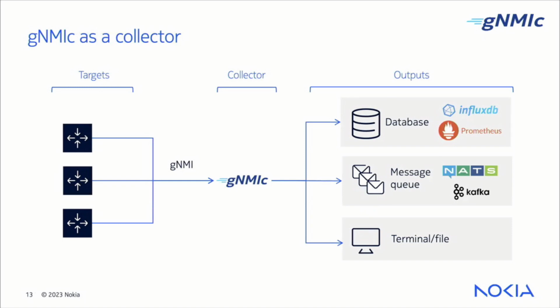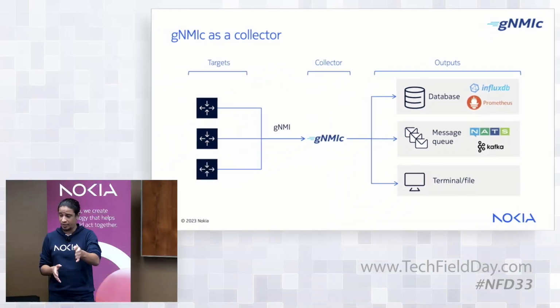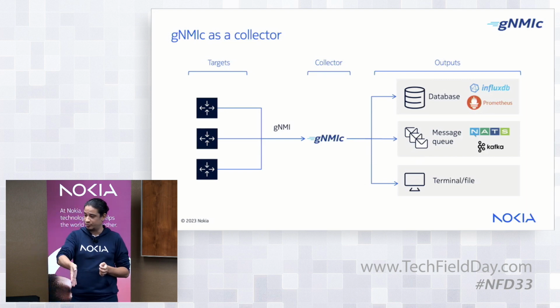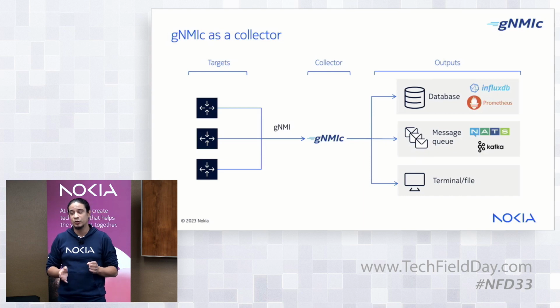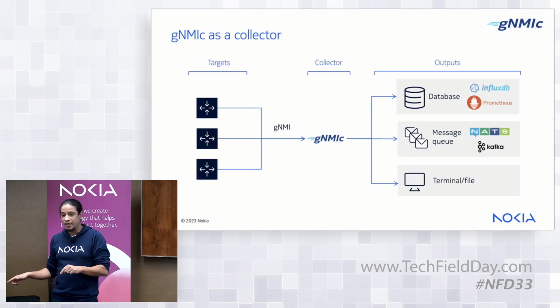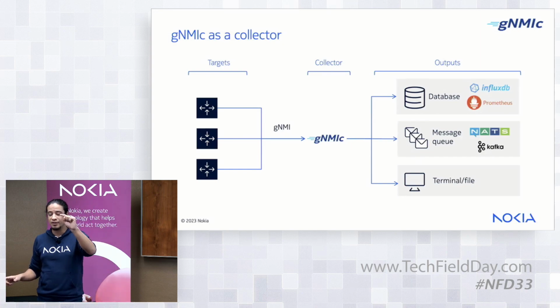If instance 1 gets the lock, it will write to the output. When it loses it, instance 2 will acquire that lock and start writing to the output. There is a way to do that with only the Prometheus output, actually. So gNMICs will not register themselves into Consul so that Prometheus does not see them. Only one of them registers.